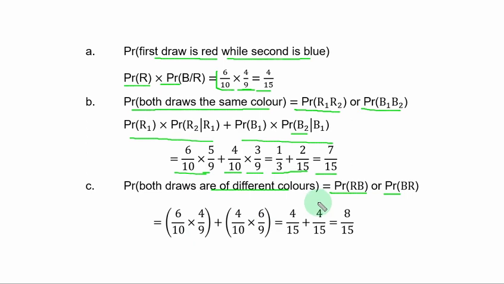For the first drawing, you have red 6 over 10 times blue 4 over 9, plus the second drawing, you start with blue first, that is 4 over 10 times the red, 6 over 9. When you simplify, you have this result, and 8 over 15.